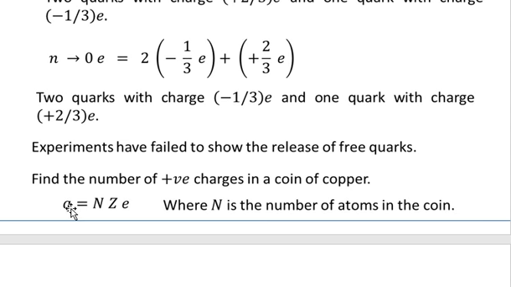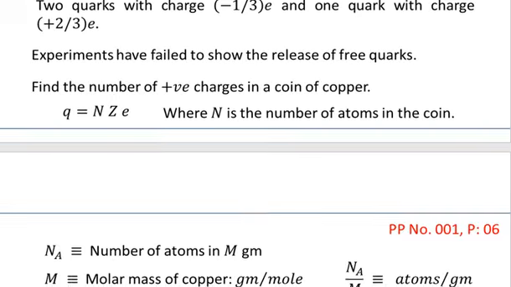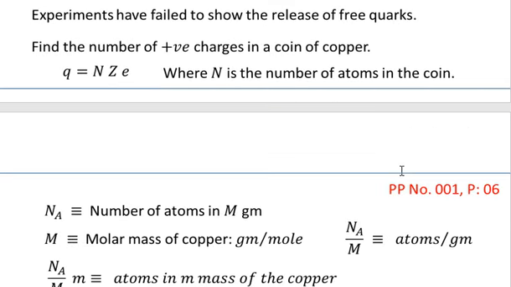So Q on the left hand side is the total charge on the copper coin, which I have written as N times Z times E. N times Z will give you the total number of electrons, multiplied by the E will give you the total electronic charge.